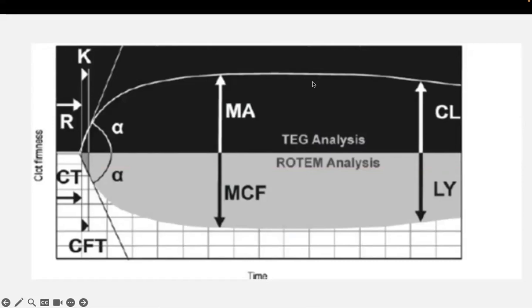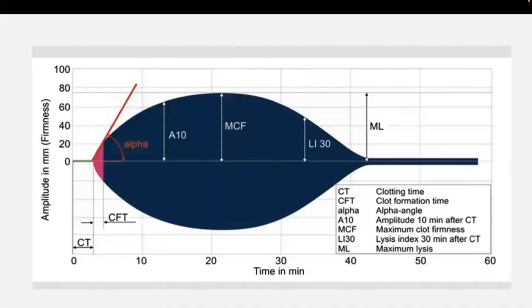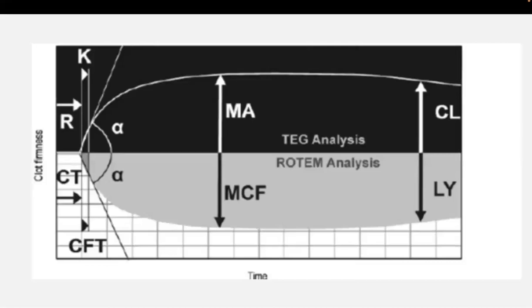At the top, where you see the black, that's your TEG: R time, K time, alpha angle, maximum amplitude, lysis 30. And then your ROTEM is your clotting time, your clot formation time, alpha angle, maximum clot firmness, and your lysis 30.